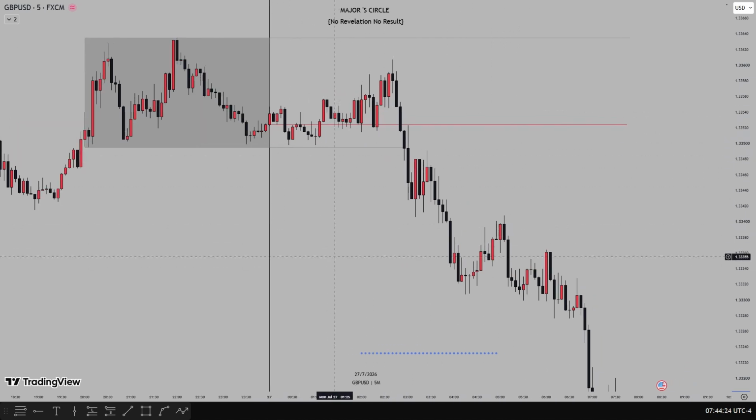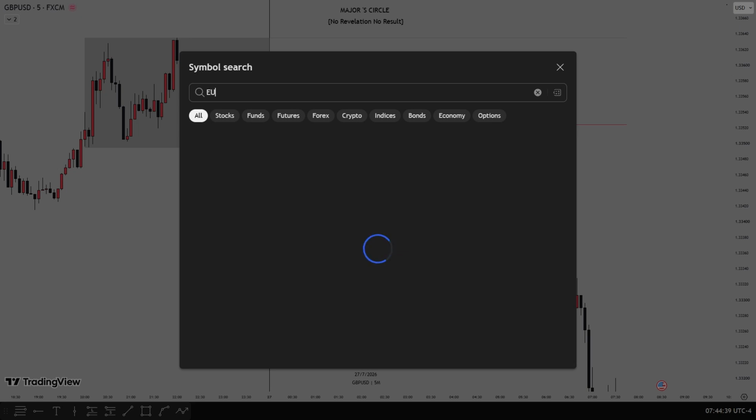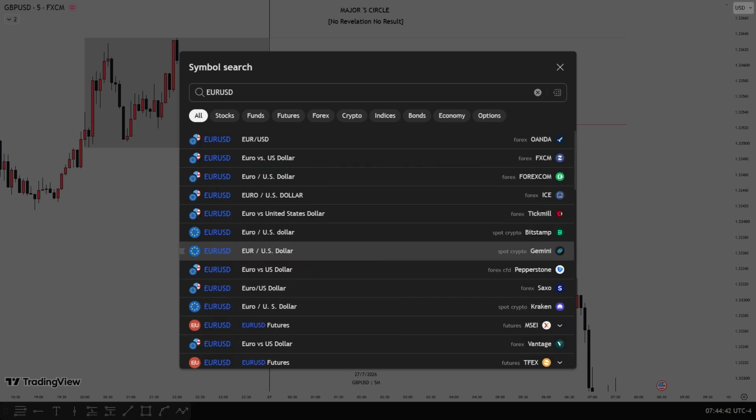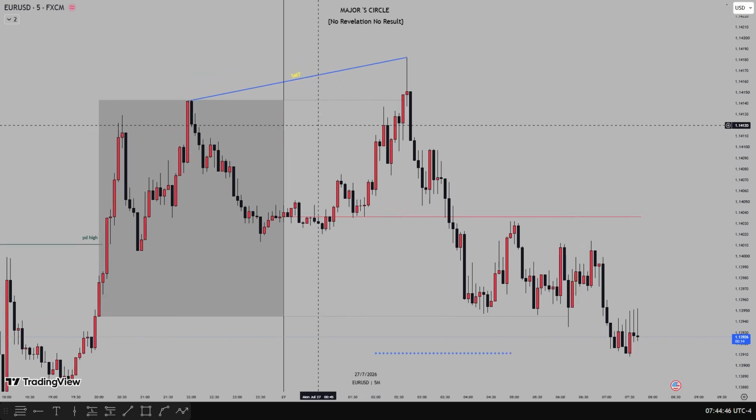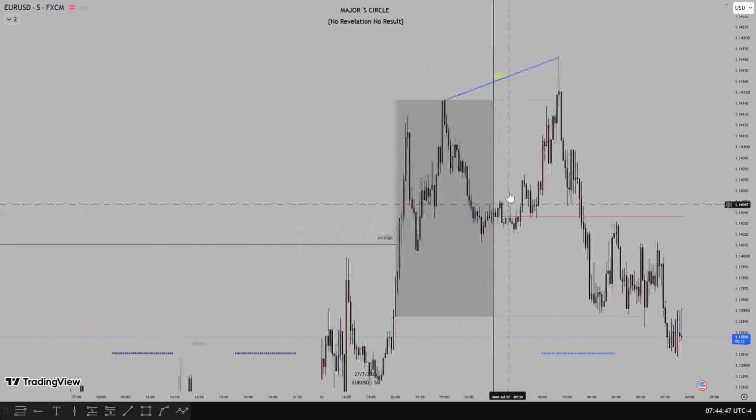Remember, initially I told you that I preferred trading the pound over the fiber. Before analyzing what happened here on the pound, if you look at EUR/USD, you can see what was happening in relation to the Asian range.